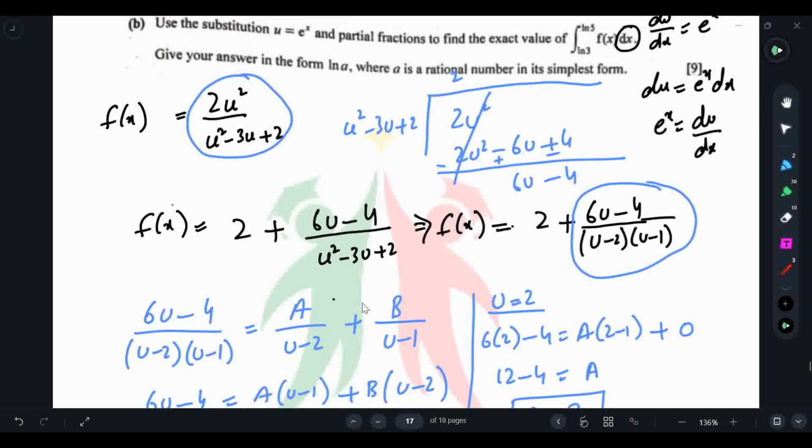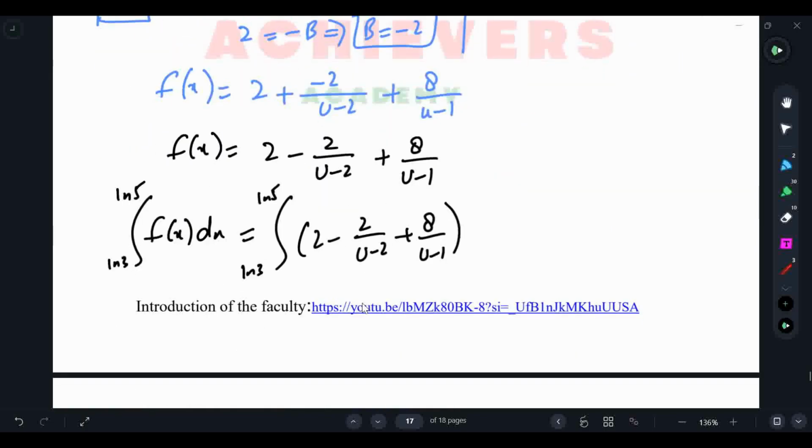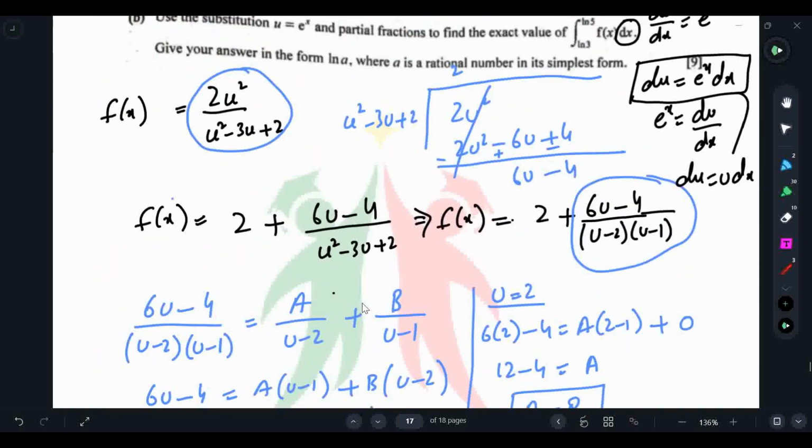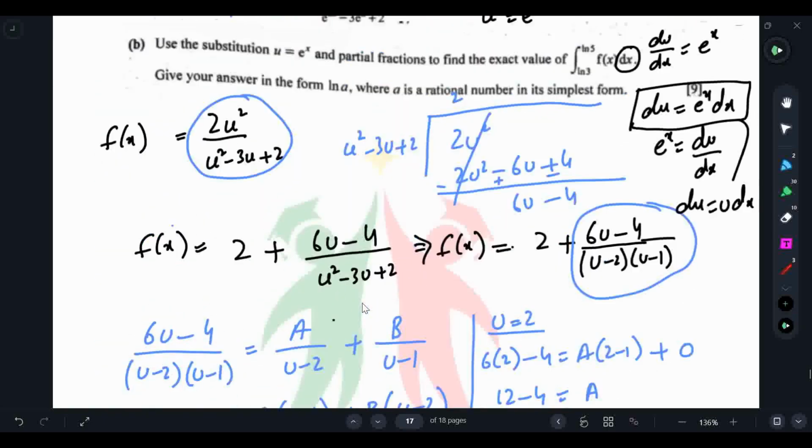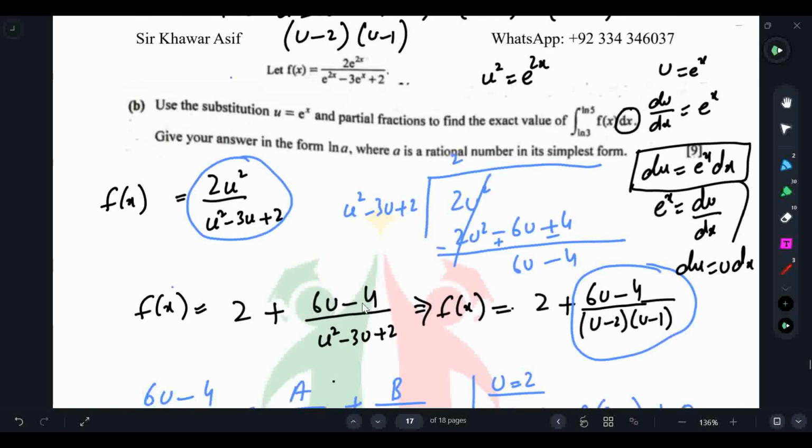We know that du is equal to e power x dx, so we need to replace dx.